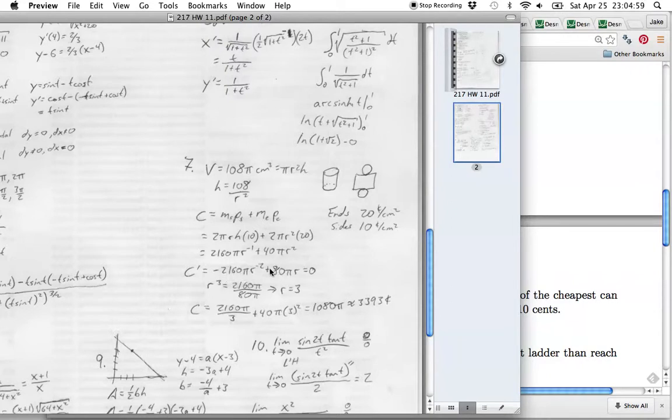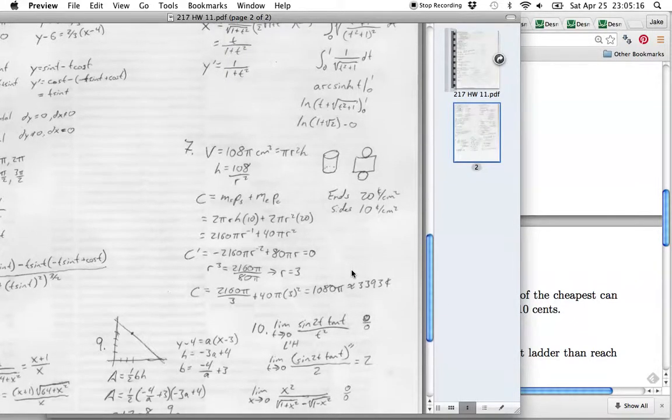So I'm going to multiply these terms by r squared, and that cancels that, and makes that r cubed. Then I solve for r cubed, which I did here, and that gives me r equals 3. Now that I have r, I can put r back into my cost, and I get this situation here, to the -1, so that's divided by 3, and then it's 40 pi r squared, so 40 pi times 3 squared. So I get 1080 pi, which is approximately 3,393 cents.